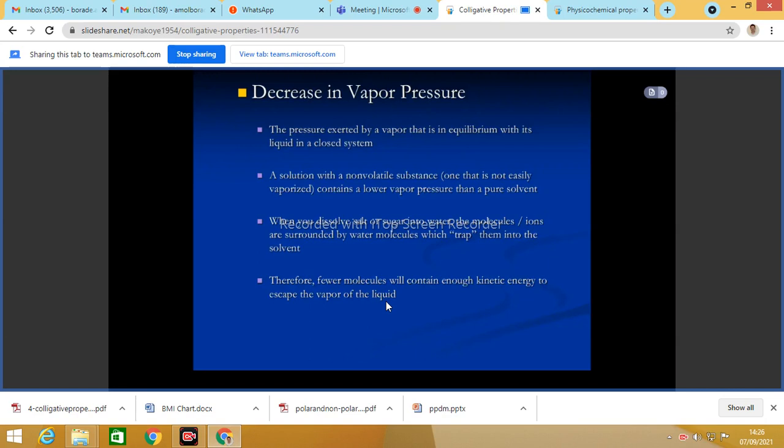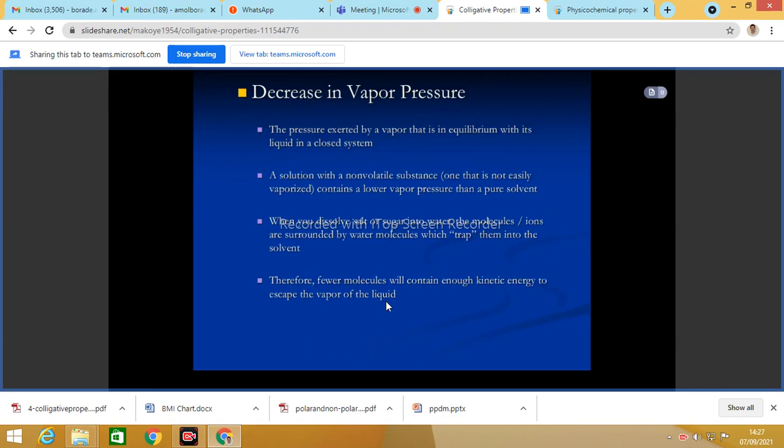Due to the presence of salt or sugar. Basically, they are non-volatile solutes. The non-volatile solute occupies the space in the solvent, and when this non-volatile solute occupies the space in between solvent molecules, they become a part of it.